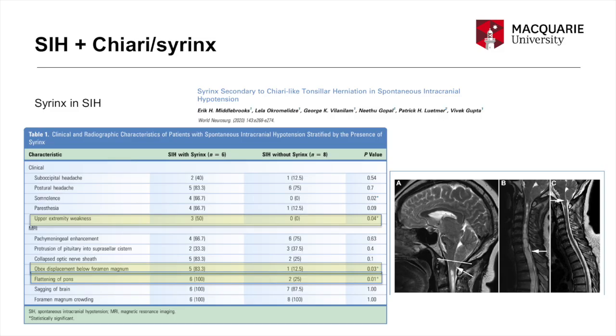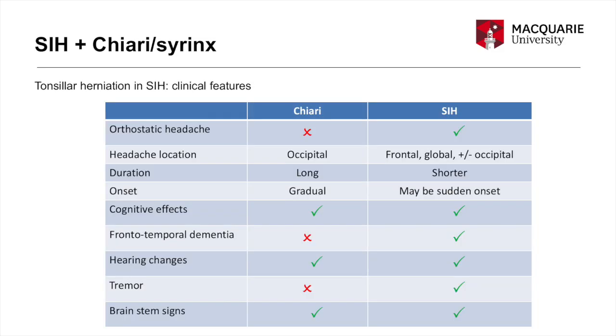Flattening of the pons was more common in patients with syrinx, but small numbers and difficult to tease out. What was not clear from that paper was whether any of those symptoms were actually related to the syrinx. Had the syrinx ruptured into the cord tissue to cause any symptoms? You couldn't tell really from that paper. The upper limb weakness, I'm not sure, was really attributed to the syrinx itself.